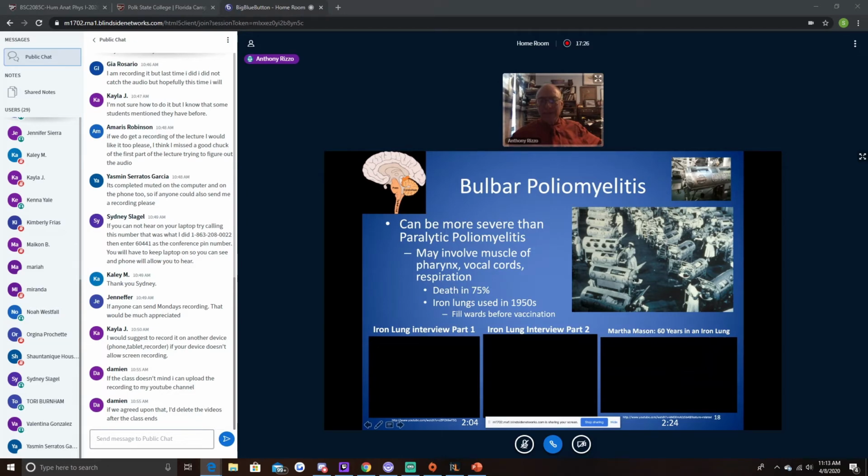Their head sticks out of a plastic sheet that has a tight elastic band around their neck to keep the air in. And on the other end, there's a big rubber diaphragm attached to an electric motor.